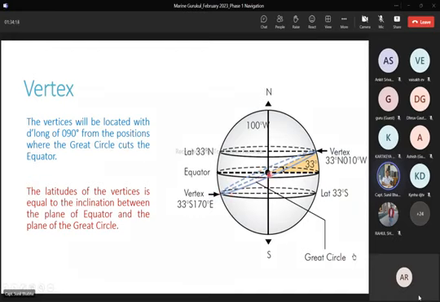Now the plane of the equator and the plane of the great circle have an angle of inclination, or angle of cut, represented by this yellow sector. This angle of cut is 33 degrees. Now this property says that the latitude of the vertex will also be equal to 33 degrees. In other words, the latitude of the vertex is equal to the inclination between the plane of the equator and the plane of the great circle.